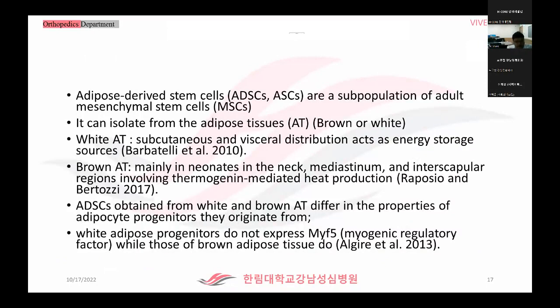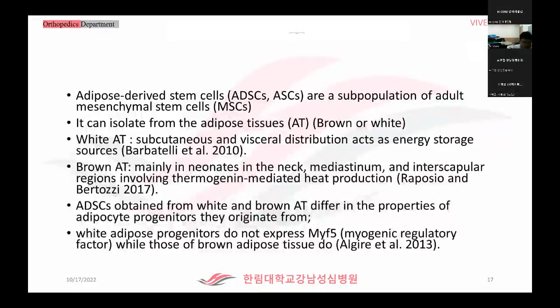White adipose tissue is distributed subcutaneously and viscerally and acts as an energy storage source, while brown is mainly found in neonates in the neck, mediastinum, and clavicular region, involved in thermogenin-mediated heat production. That is a kind of function.